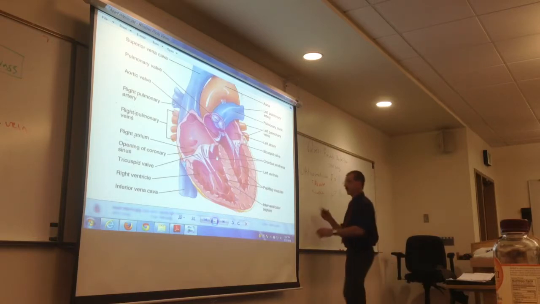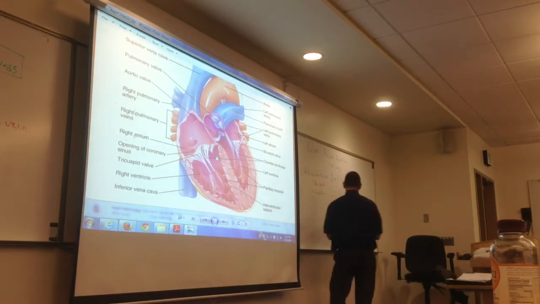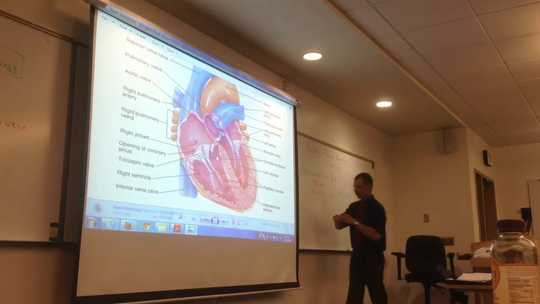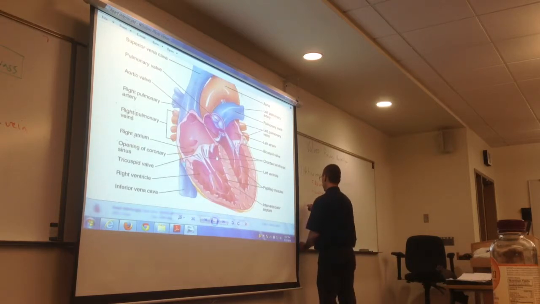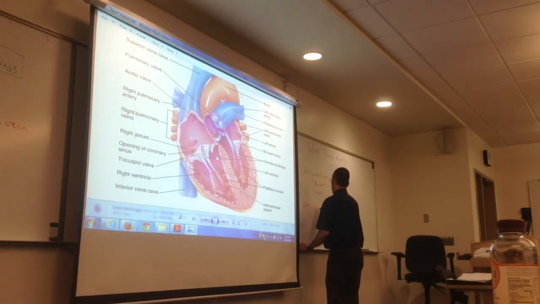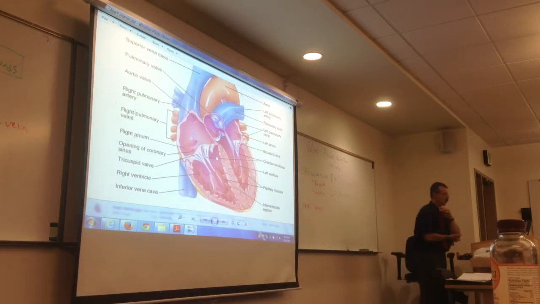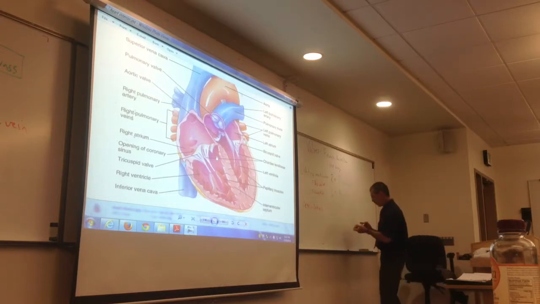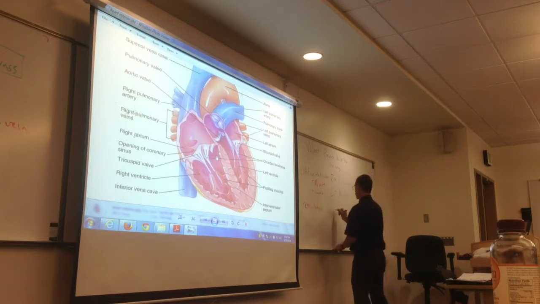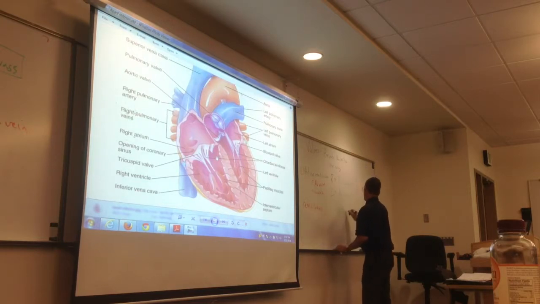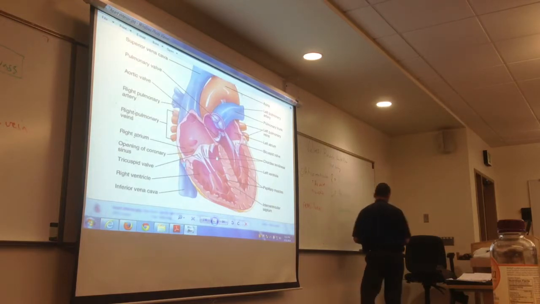Second one. You have two valves in the second group. That group is called the semilunars. So you have two semilunars, so you don't have to include that word. But their names are generally standardized as the pulmonary semilunar and then the aortic semilunar.